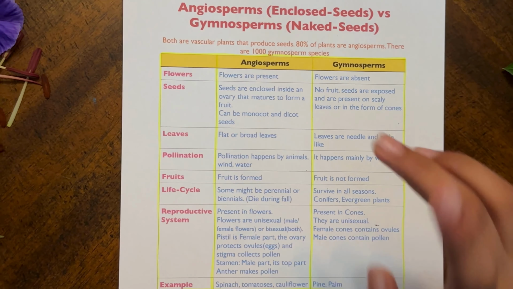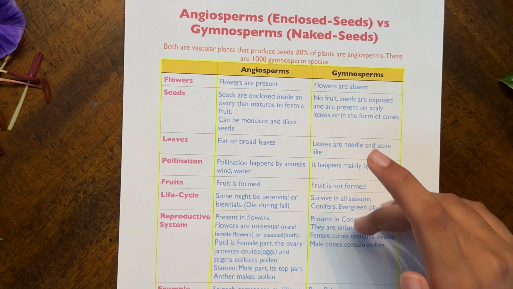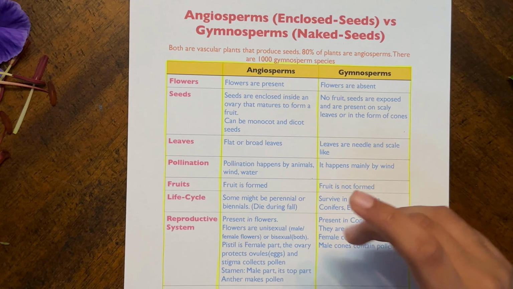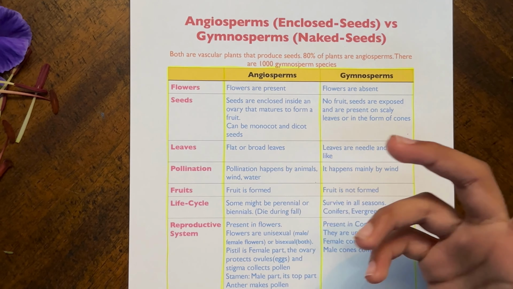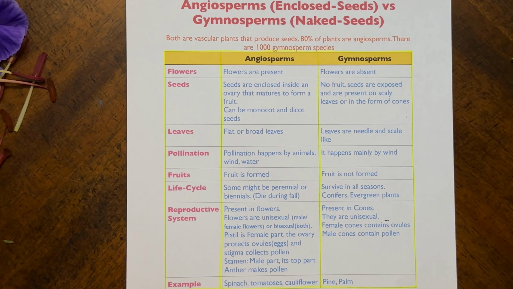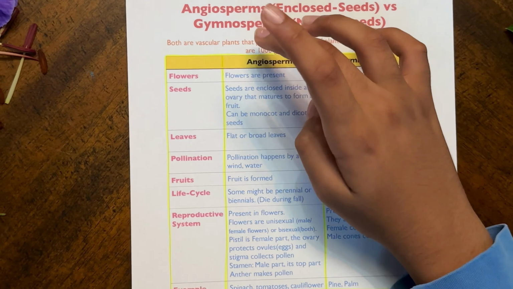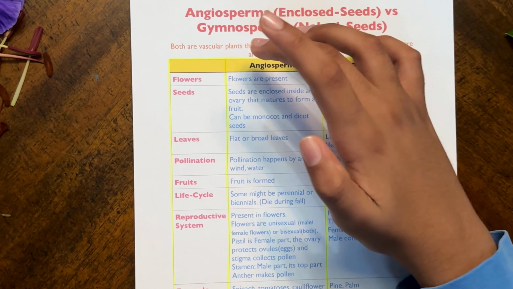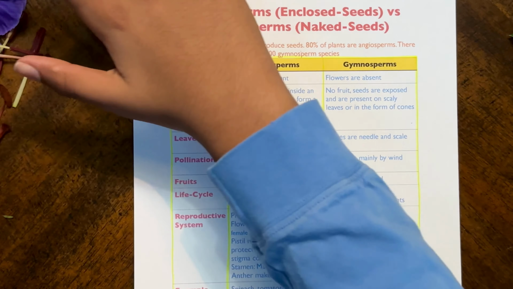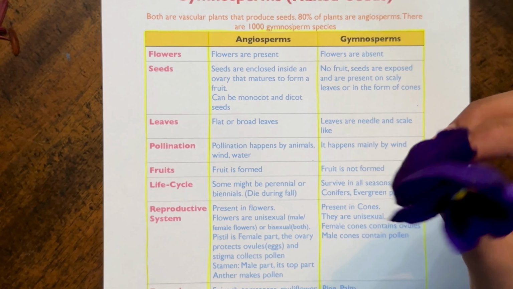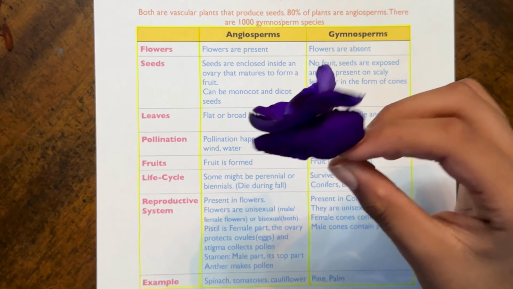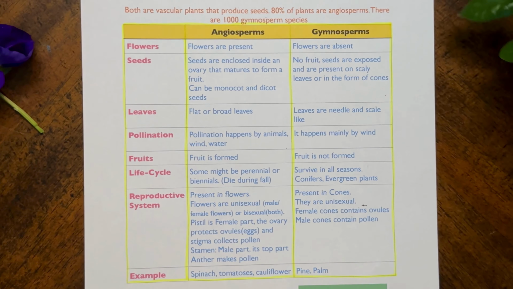Also, most angiosperms are bisexual, but gymnosperms are unisexual, though some angiosperms can be unisexual too. Angiosperms live in a more tropical climate compared to gymnosperms, which live in a colder or drier climate. The most important difference is that angiosperms have flowers, but gymnosperms don't.